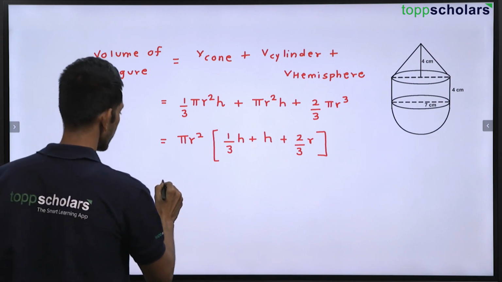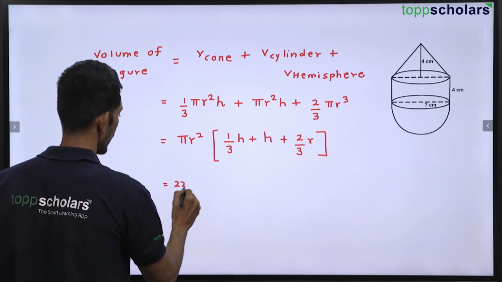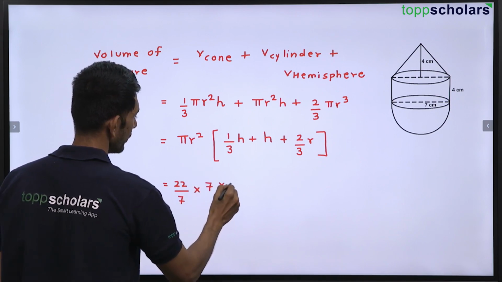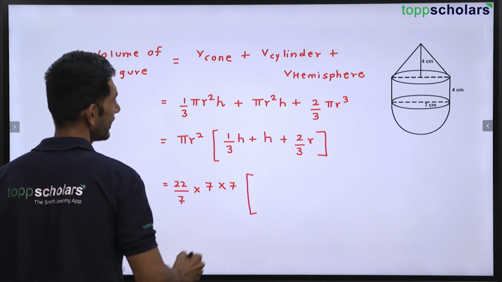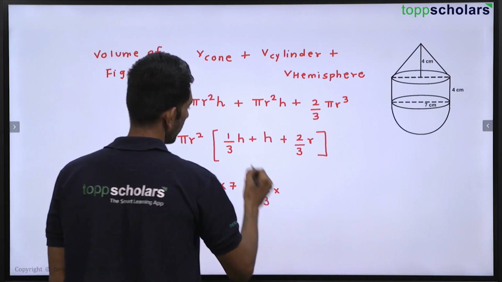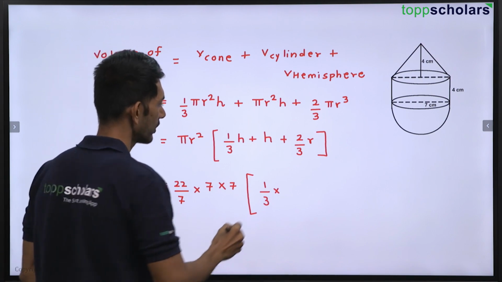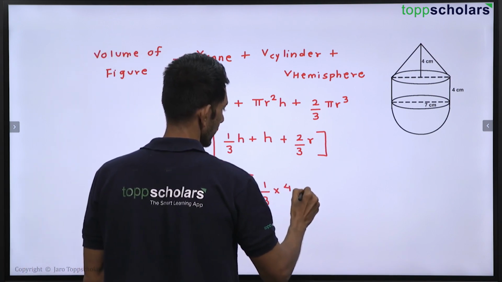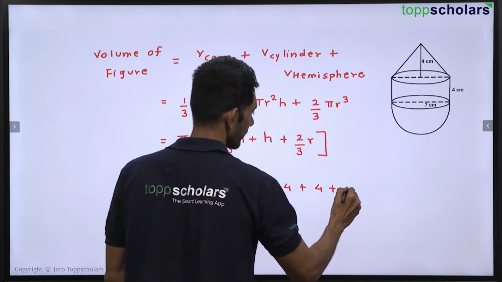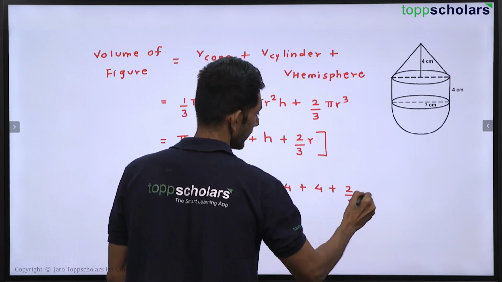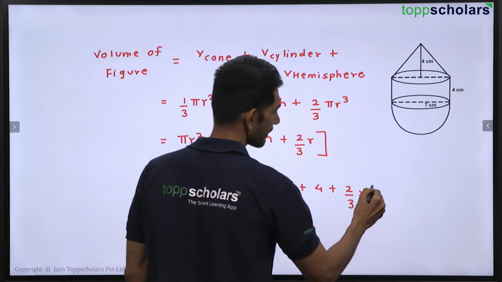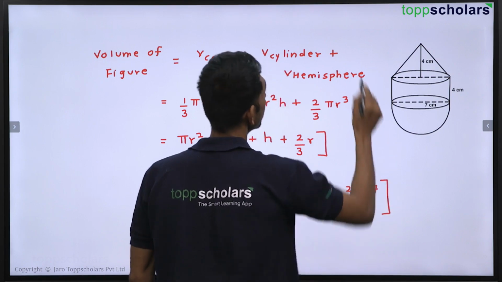So this becomes 22 by 7 into r square is 7 into 7. Inside the bracket, I have 1 by 3 multiplied by h is 4, plus h is again 4, plus 2 by 3 into radius is 7.